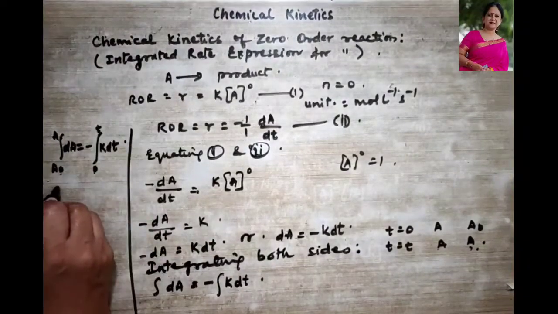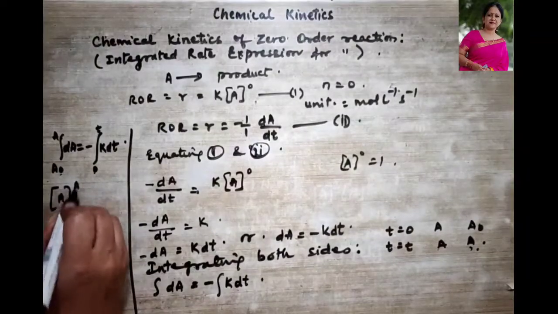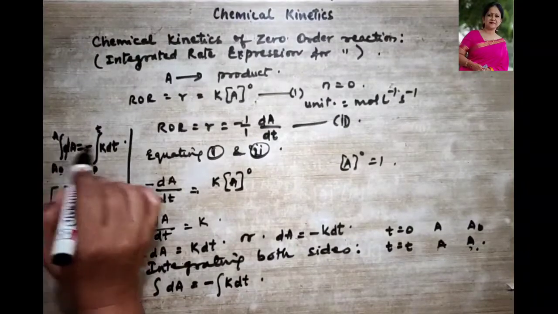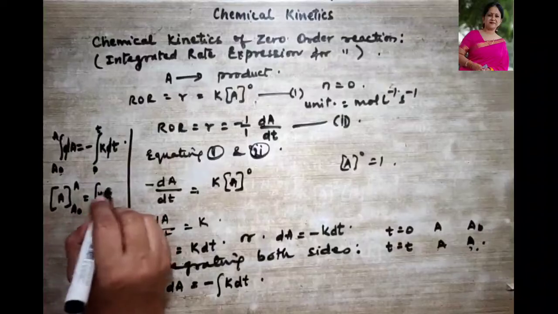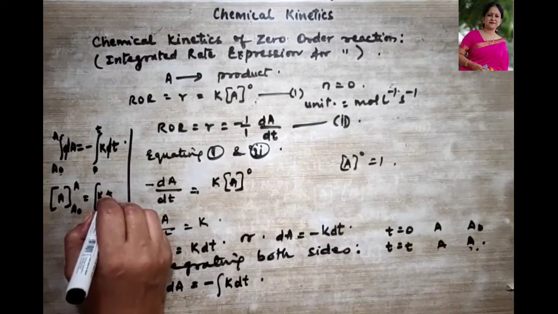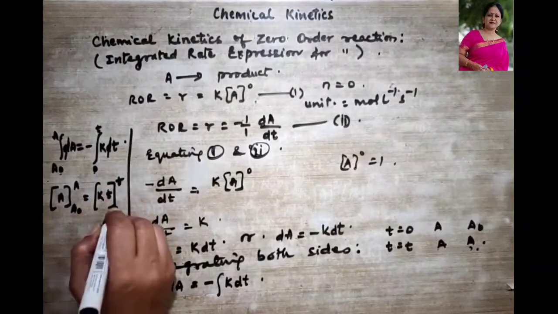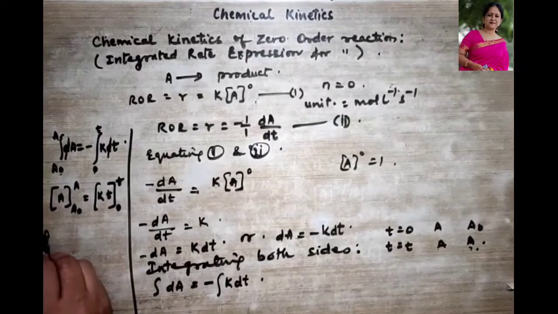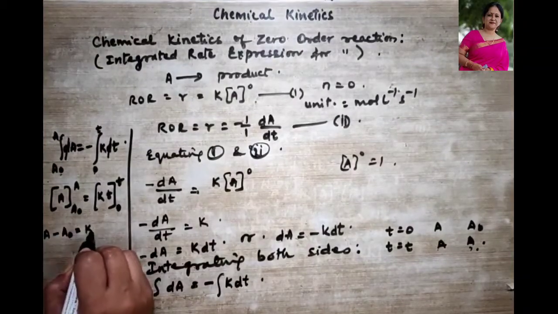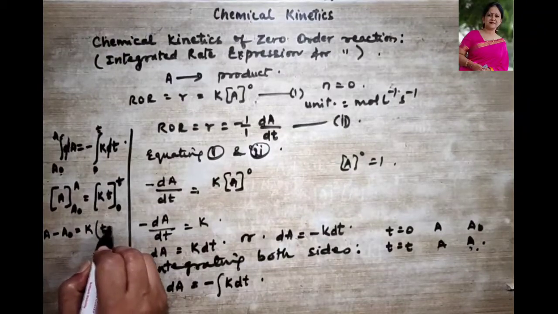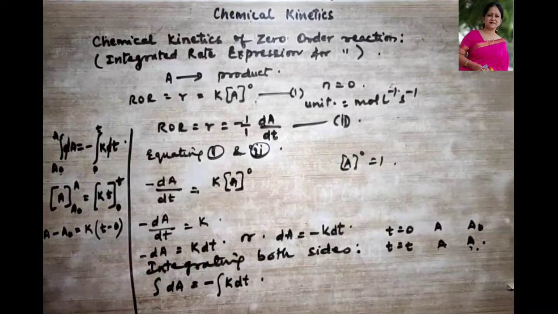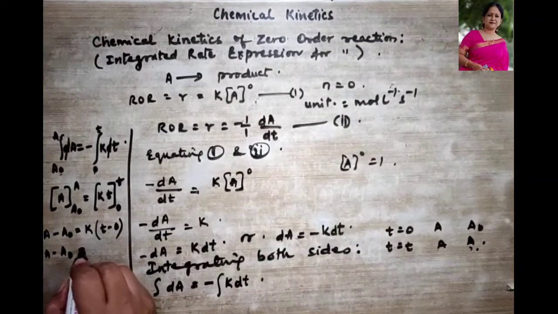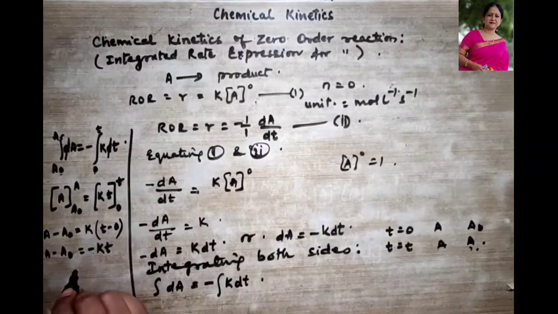So this can be written as A upon A0 is equal to minus k, and dt gets integrated, so t upon initial. So this becomes A minus A0 is equal to minus k into t minus 0. So A minus A naught is equal to minus kt.